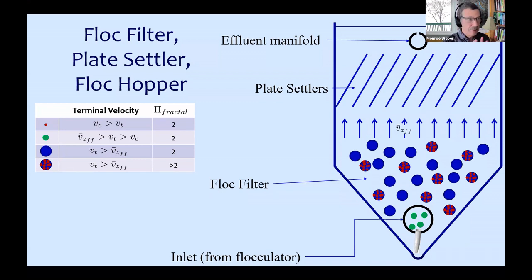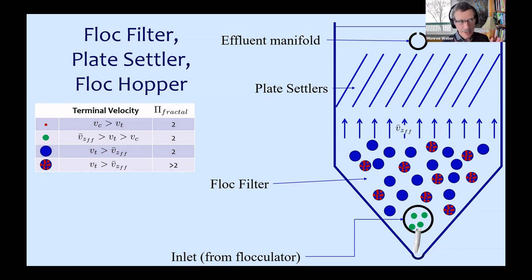If we have too high a velocity gradient coming out of that diffuser, then what would happen? Okay, so we have these green guys coming out, and if the velocity gradient is too great, what will happen to those green flocks?